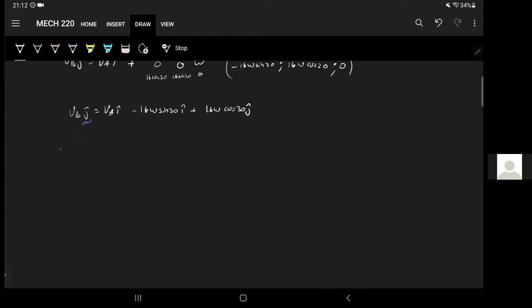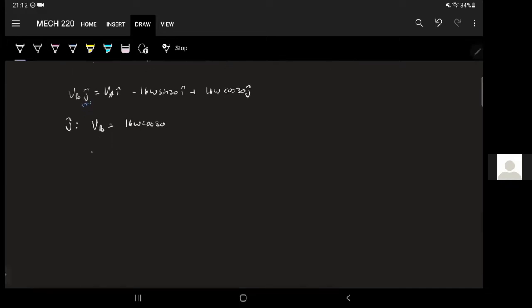So if I look at the j first, I know that VB is going to be equal to 16 omega cos 30, right? So I'm going to find omega out of this, right? Because we know everything else. That's going to be VB over 16 cos 30.